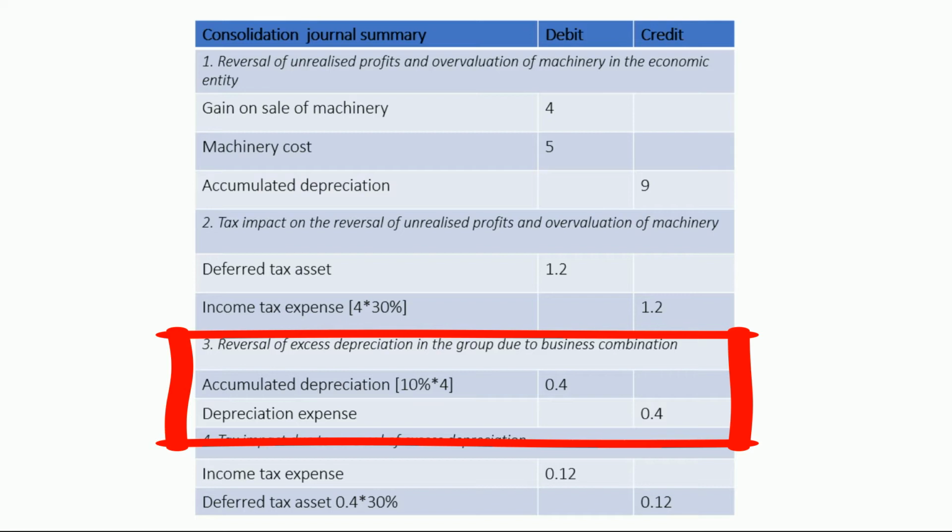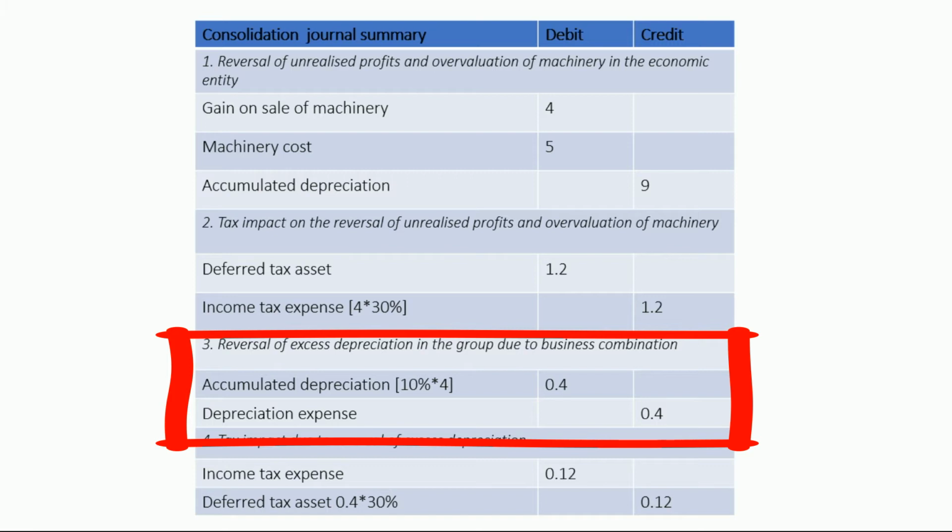For the group, what is applicable is the carrying value, but because it is now stated at 20 million and the parent has depreciated the asset at 20 million, we need to decrease that excess depreciation expense that is in the combined entity or the consolidated entity.